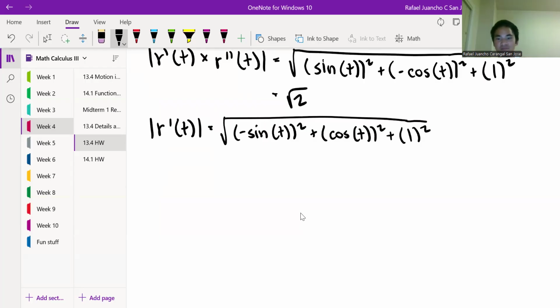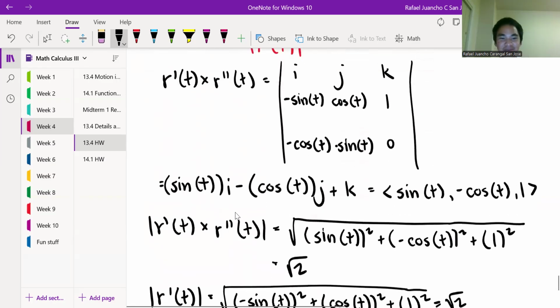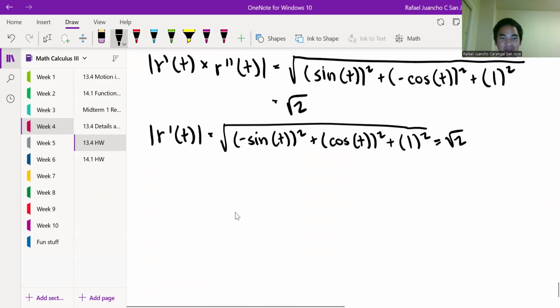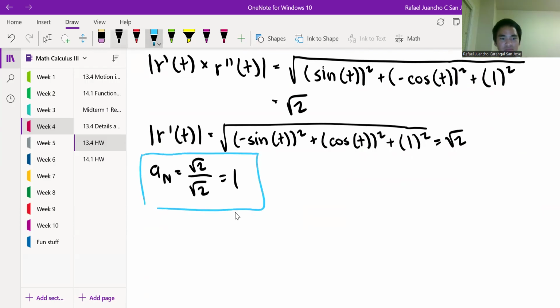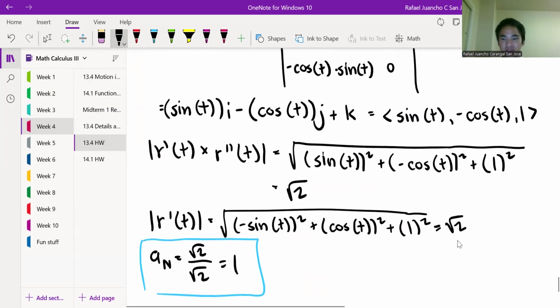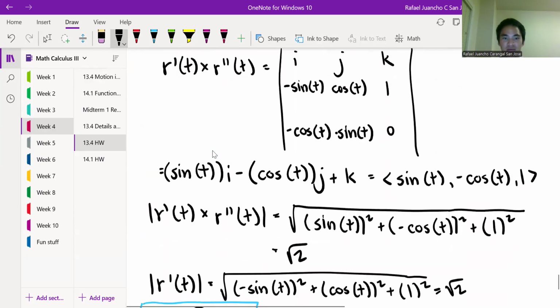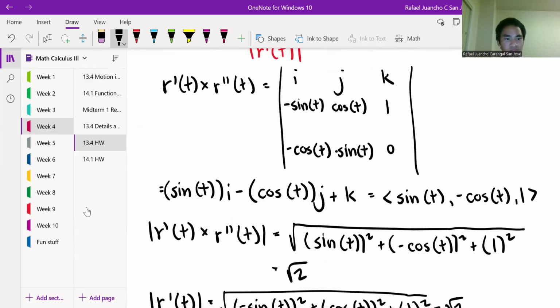That's 1 plus 1. That's actually also square root of 2. So my normal component of my acceleration is just square root of 2 over square root of 2, which is 1, right? Because I just divide these two. Yeah. So it's a 0 for my tangential and a 1 for my normal.